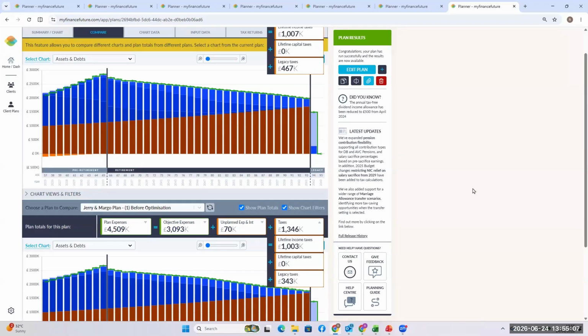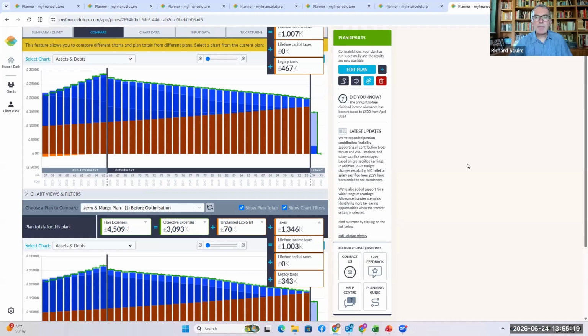Do you have any suggestions about where to go for help with researching optimizations and suggested strategies, Richard? Well, there's a lot of resources available these days around this. There are quite a lot of channels which publish on this stuff. Obviously, we have an emerging channel which talks about how you use the planner to do this, but there's a lot of content out there.